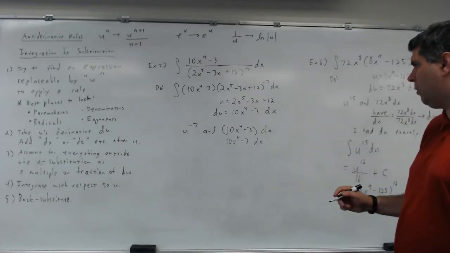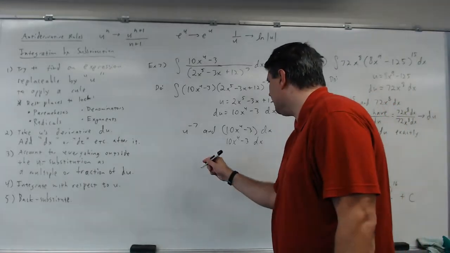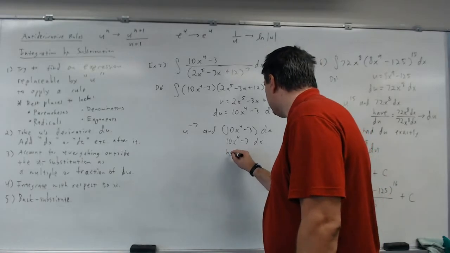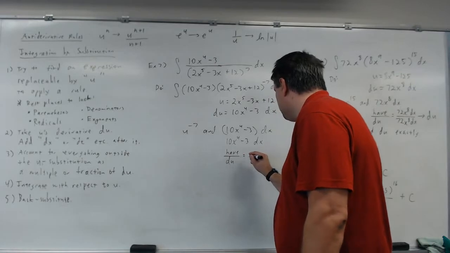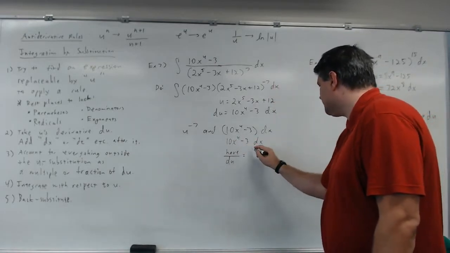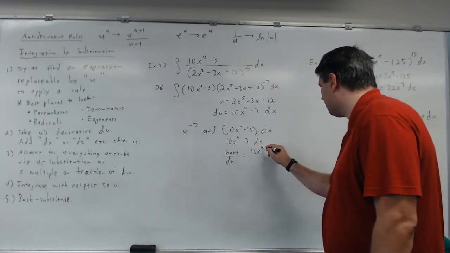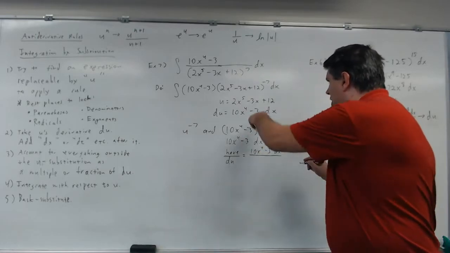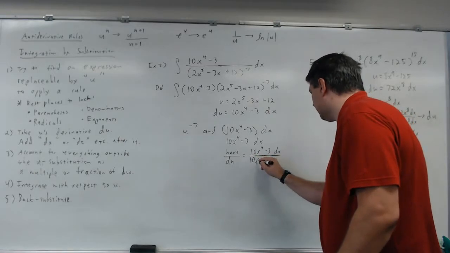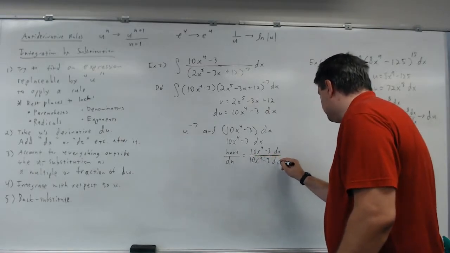Okay? So I'm going to do half over du. So I have 10x to the 4th minus 3 dx, and du is actually 10x to the 4th minus 3 dx.